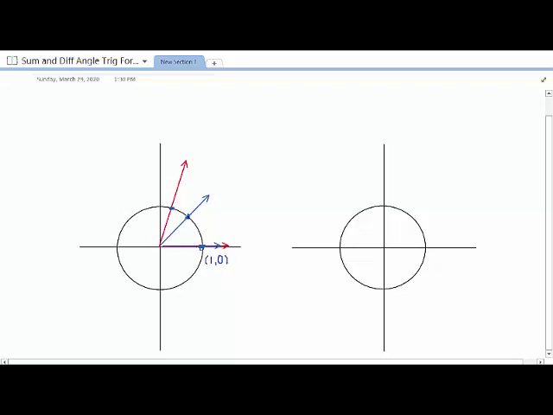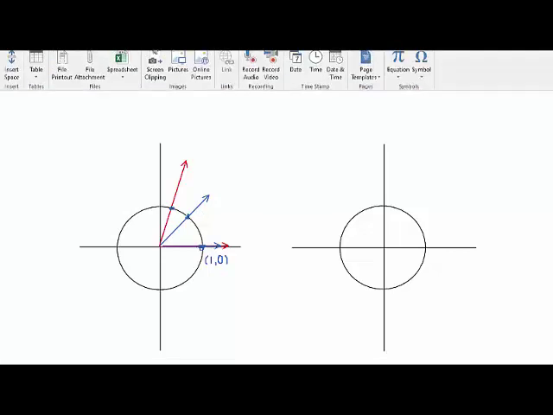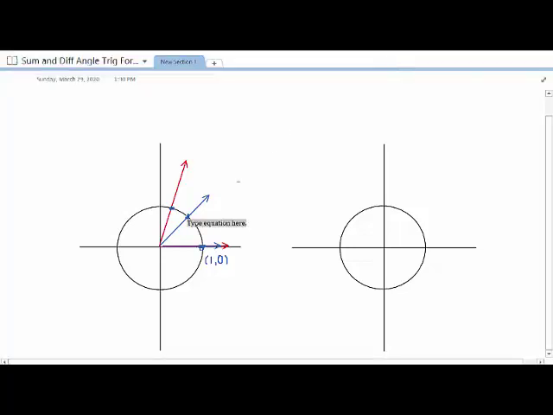For the point right here for the blue angle, if I call that angle beta, then I don't know the angle. It could be an angle I have memorized, but it might not be, and we want to build a formula for anything. Since x is always assigned a cosine, this will just be cosine of beta, and sine will be the y value, so sine of beta.